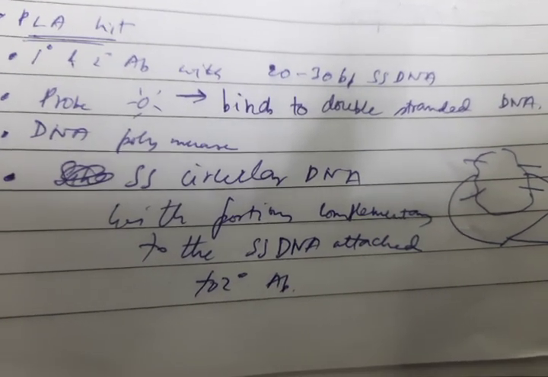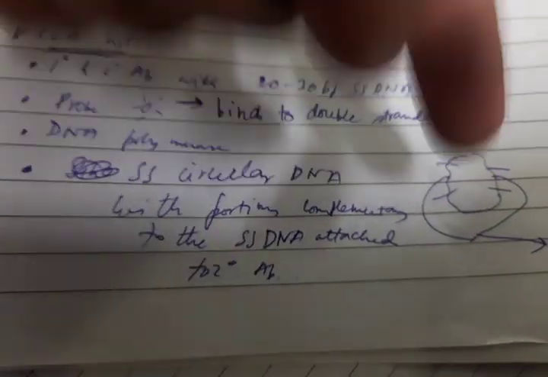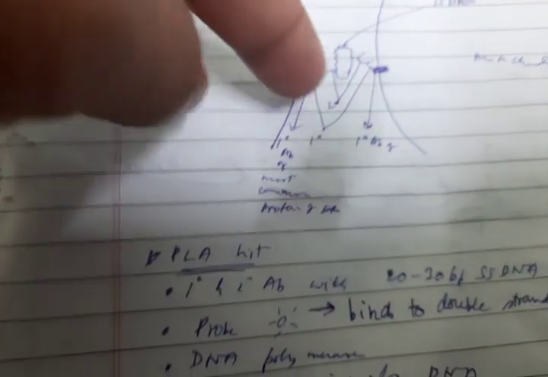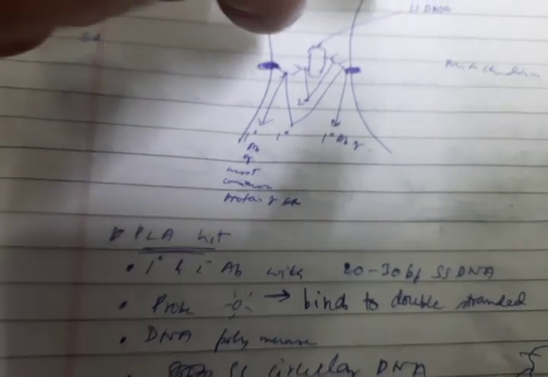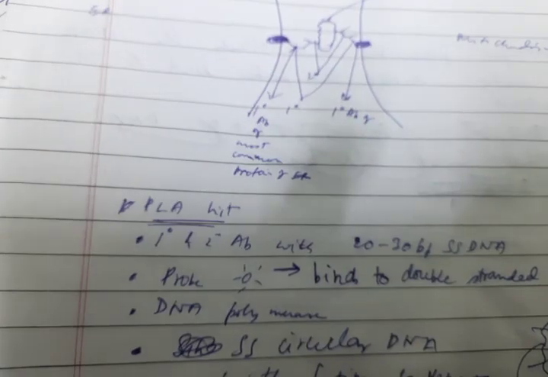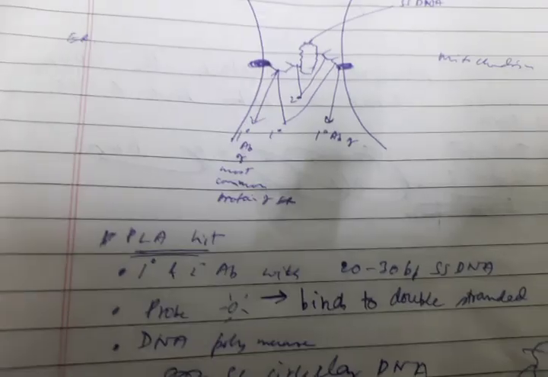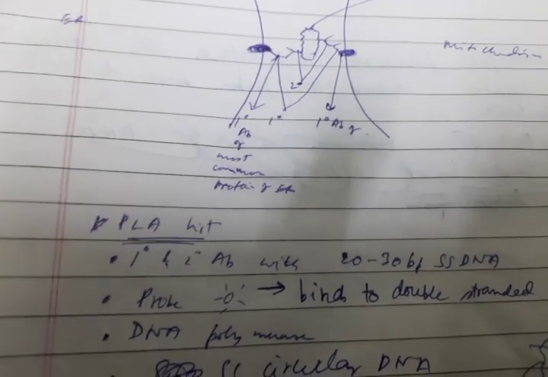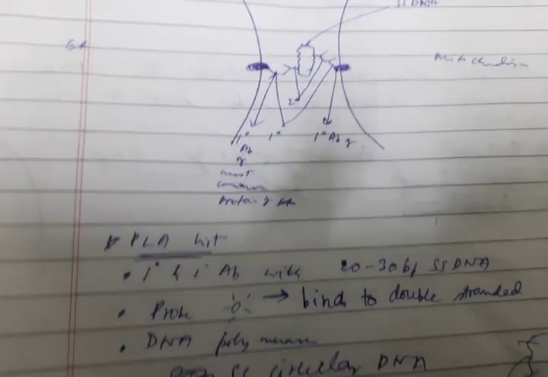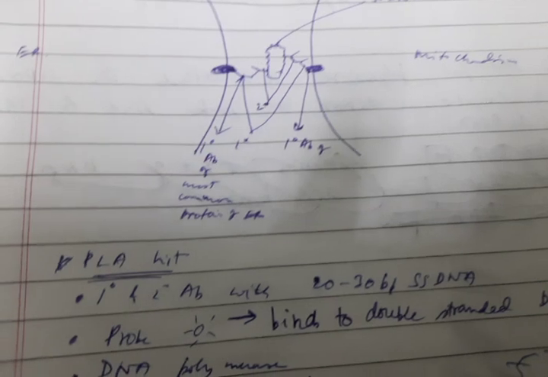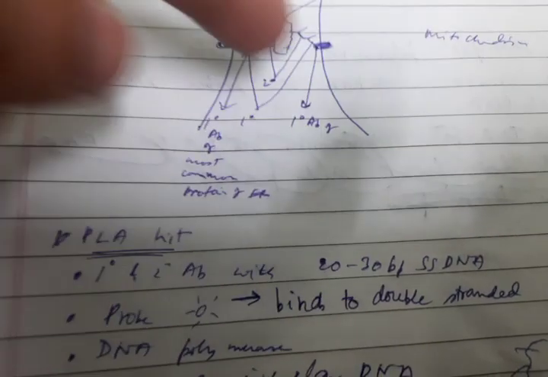So it would bind to this double stranded DNA. This whole structure will be formed if the two organelles are in contact, or closer than 40 angstrom, as this whole region would be 40 angstrom.